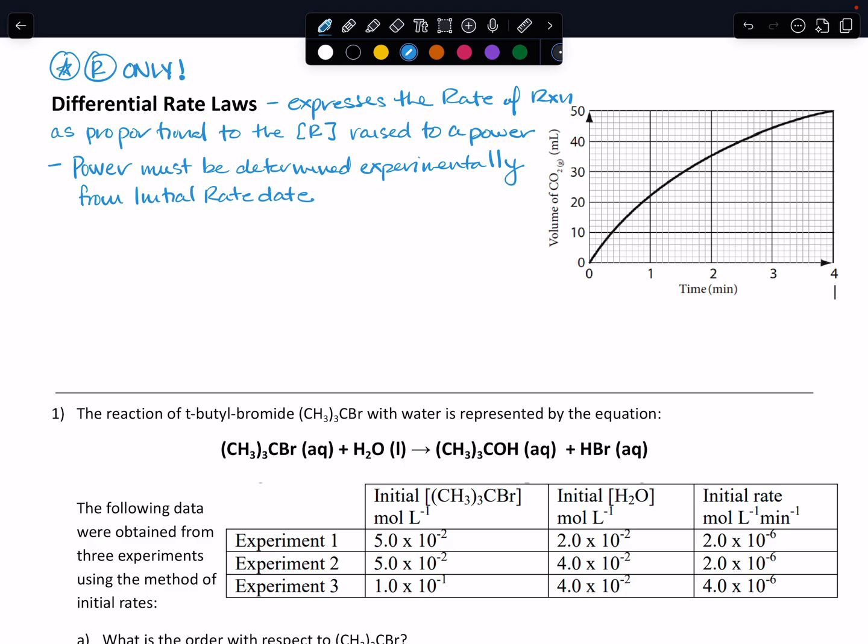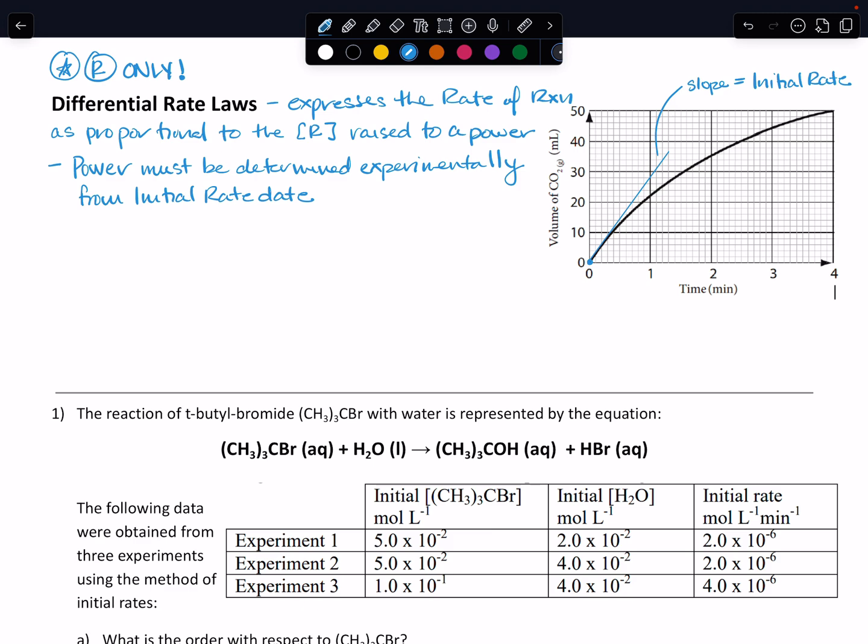But you can just use the graph to define these different things. So if you look at the beginning and then you draw a line tangent to that beginning of the curve and then determine the slope of that curve, that equals what's called your initial rate of reaction.